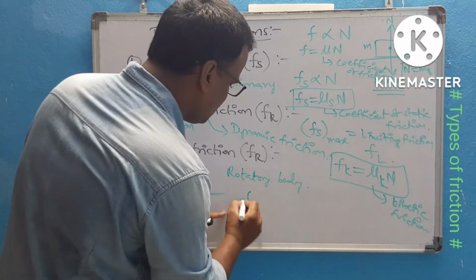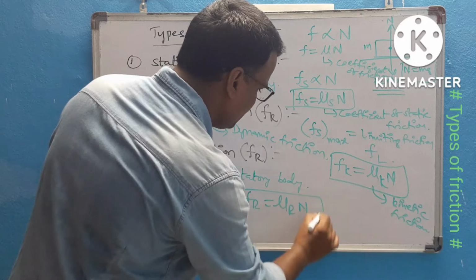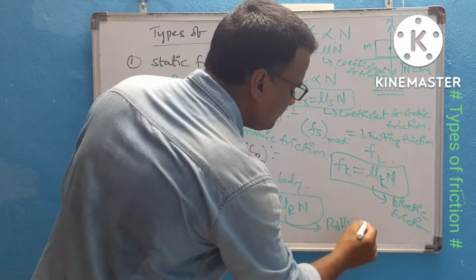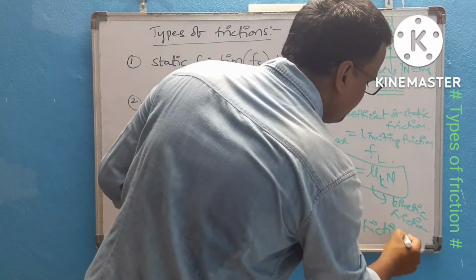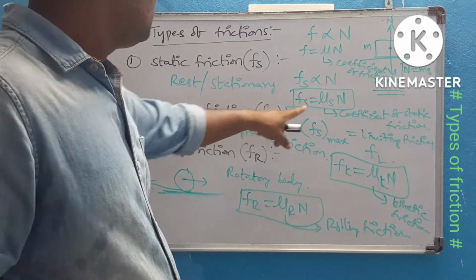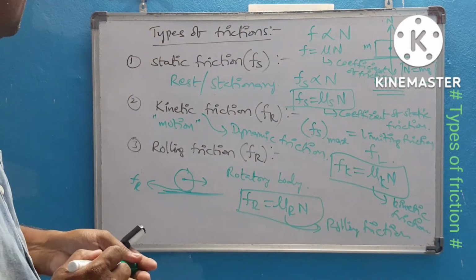Here also we can write Fr equals mu r into N, where mu r is called the coefficient of rolling friction. So we have the coefficient of static friction, the coefficient of kinetic friction, and the coefficient of rolling friction.